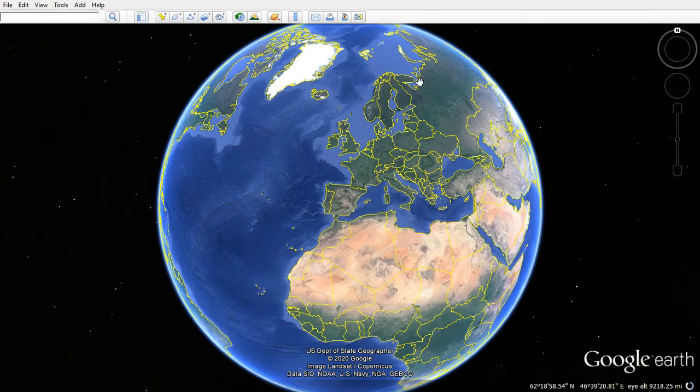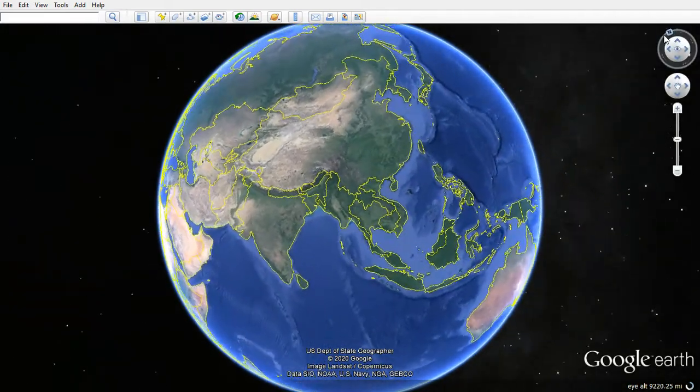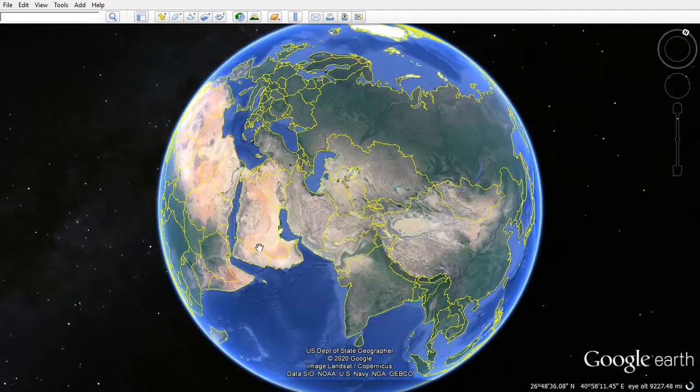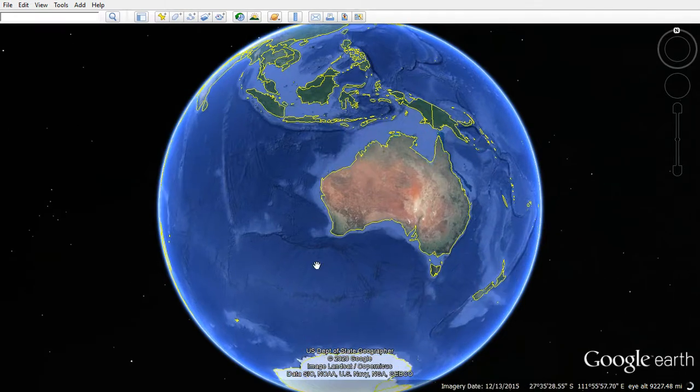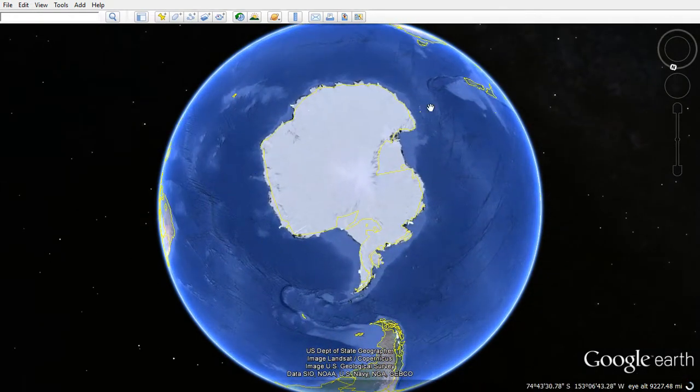Europe right here. Africa right here. And then Asia, which is this one right here. Australia. And then the last one is Antarctica.